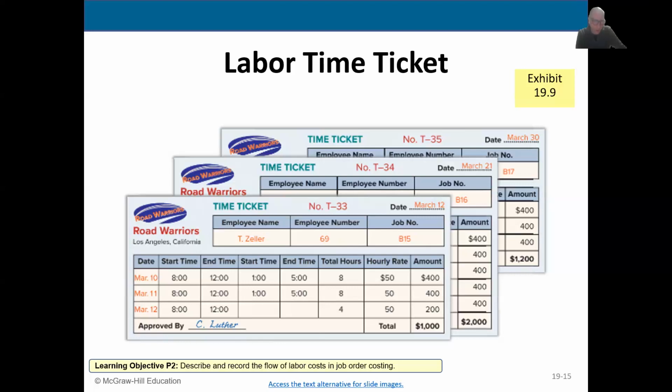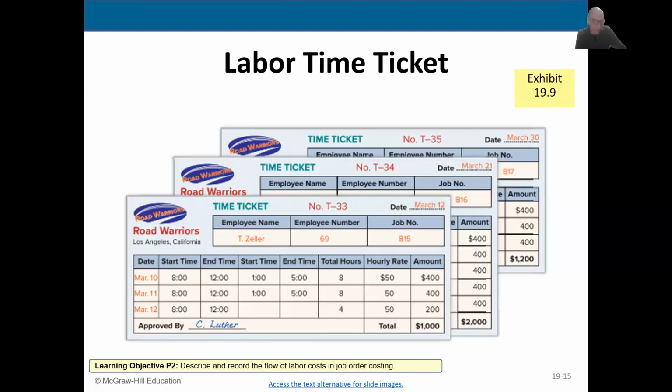So over the course of 3 days, this employee spent 8 plus 8 plus 4 hours on this particular job. The hourly rate of this employee is $50 an hour. So we take the hourly rate times the exact time worked for each day, and then we add up all the days involved.